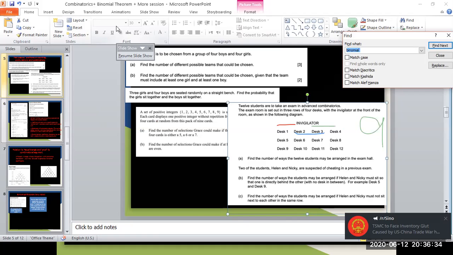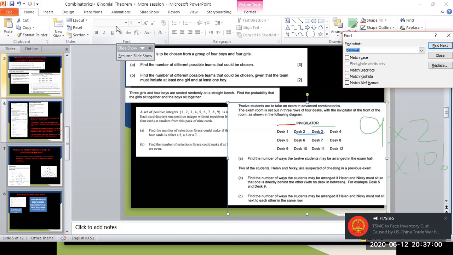So they could interchange. So you multiply by 2. And then you obviously multiply the rest of the students in the 10 desks, the permutations, which is 10 factorial. So these are all the cases in which they're sitting next to each other. So you just subtract that from the total.